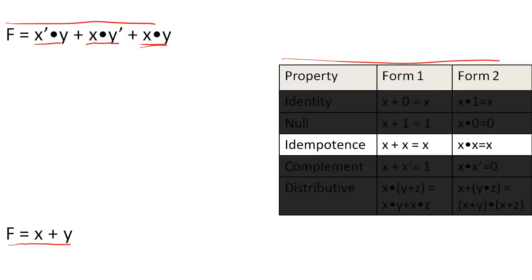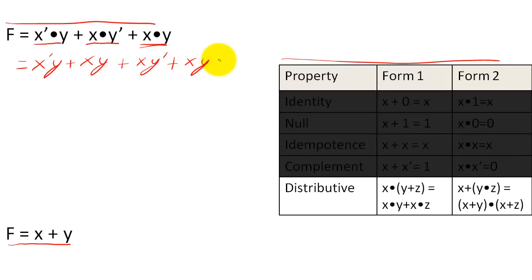So I can use the idempotency here, which tells me that I can reproduce this and it's still going to be the same expression. So I have x prime y. I'm going to produce a duplicate here of xy, and then I'll just keep the rest of this the same, x y prime, or x y.